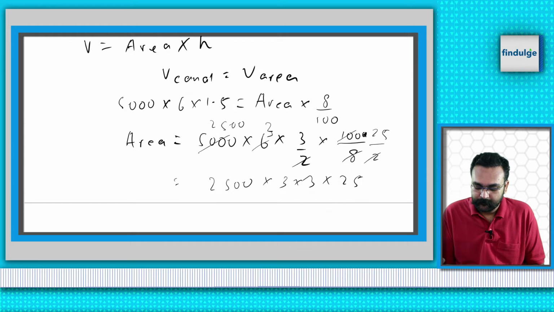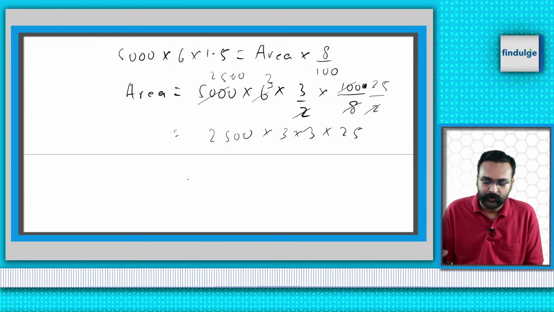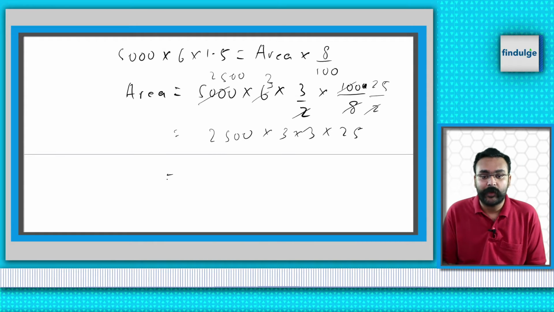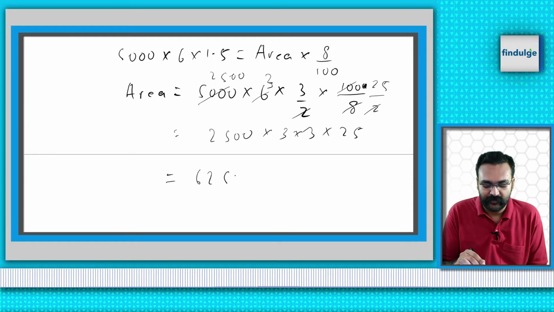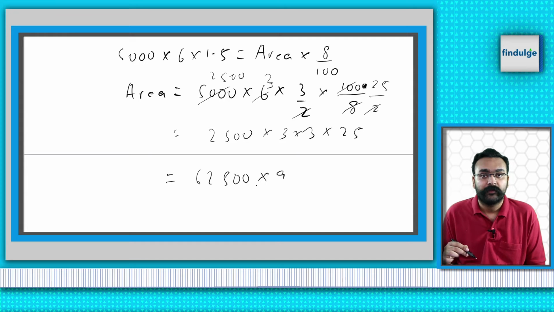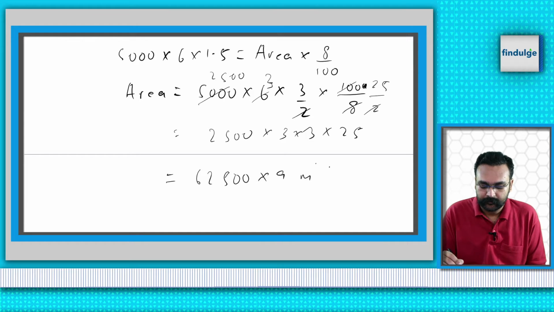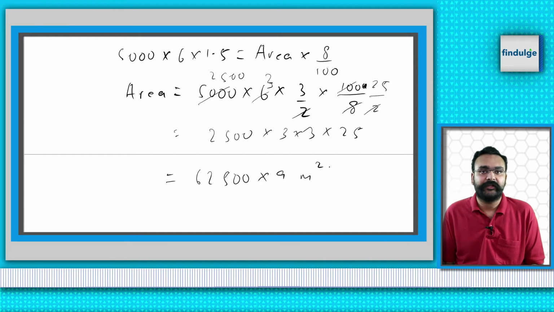So for this one, if you look at it carefully, 25 square we know is nothing but 625. So this is 62,500 into 9 meters square. And again, the final calculation you can do for yourself, right?